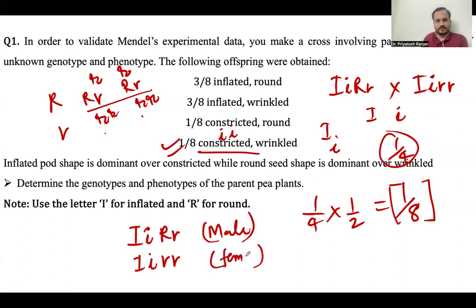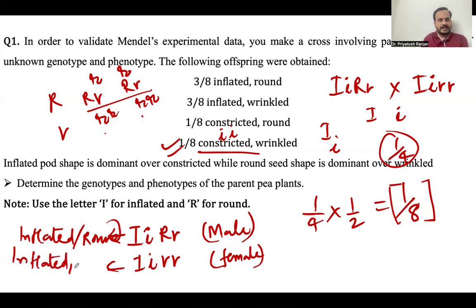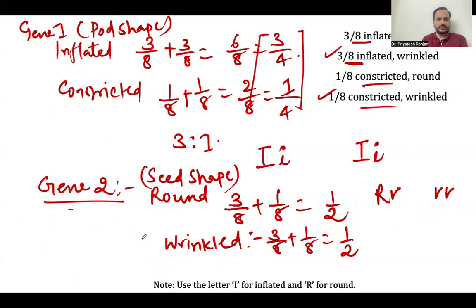I'm just considering one at a time. The phenotype is going to be inflated and round because of the presence of capital R, and then inflated and constricted. I hope this answer is clear to each and every one of you.